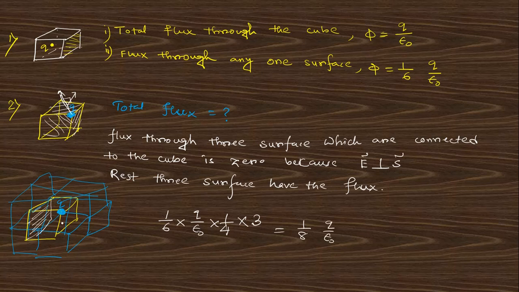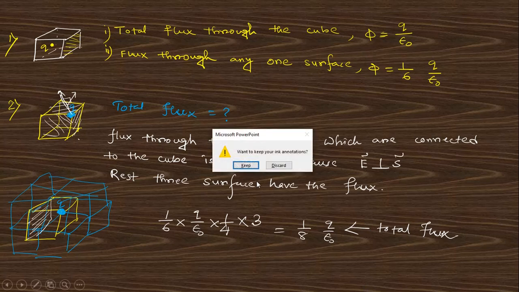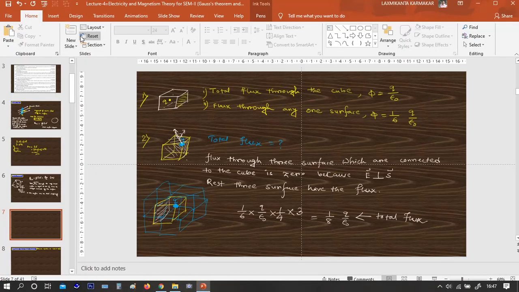You can also remember it like this: this charge is shared by 8 cubes, 1 2 3 4 and 4 above. So the total flux will be 1/8 of q by epsilon naught. Clear? I think clear.